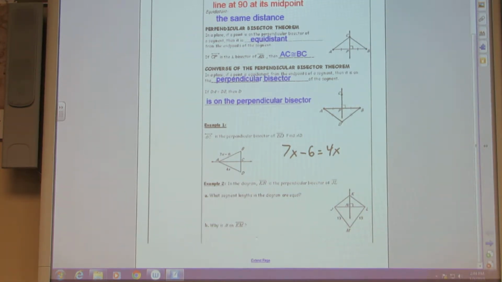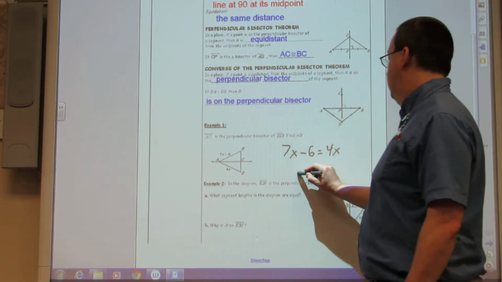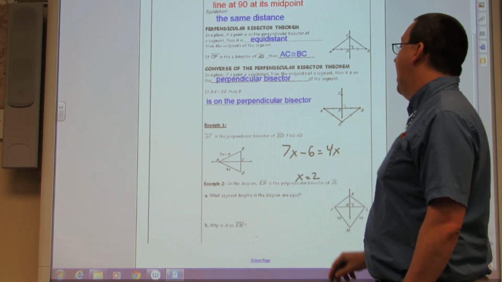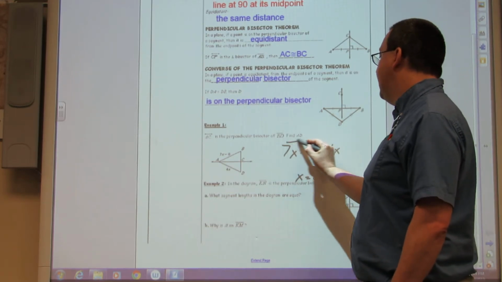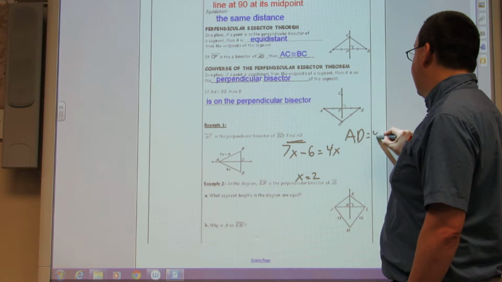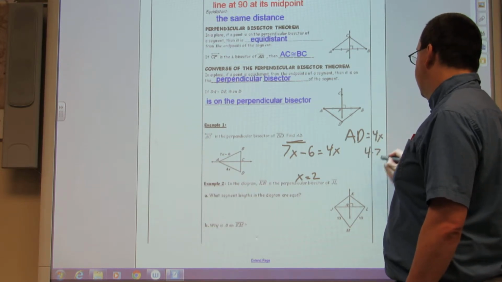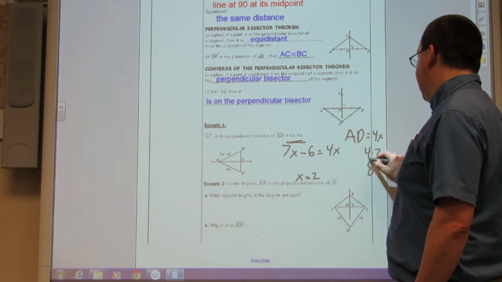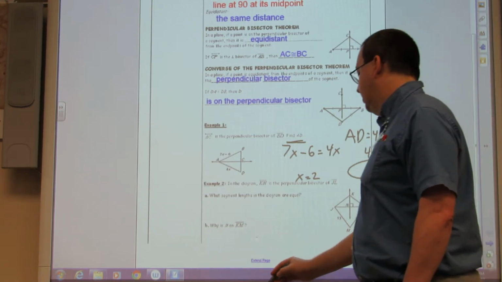Solve that for x. And then since they asked for AD, I want to plug that back in. AD is 4x, 4 times 2, AD is 8. And that is my final answer.